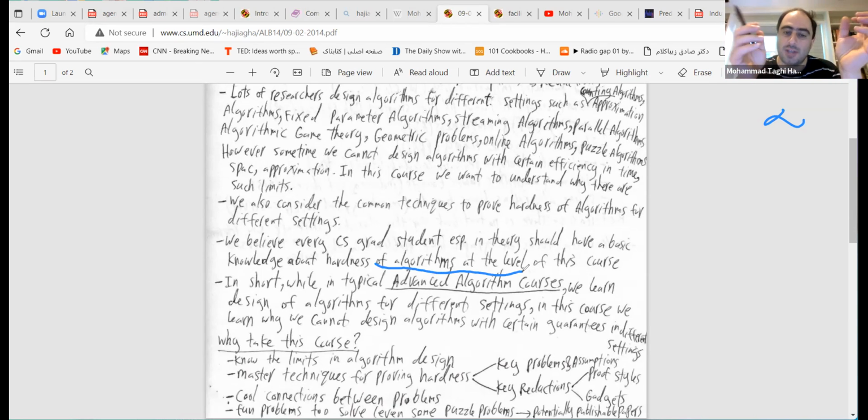That is mainly through the reduction part. And in the earlier course, we may call this course algorithmic lower bounds, or fun with hardness, and that's the thing we call hardness, after the name of the book. Then we had assumptions and reductions, because that's exactly the thing we are considering. As I mentioned, this can be considered an advanced algorithms course because we talk about different areas of algorithms.